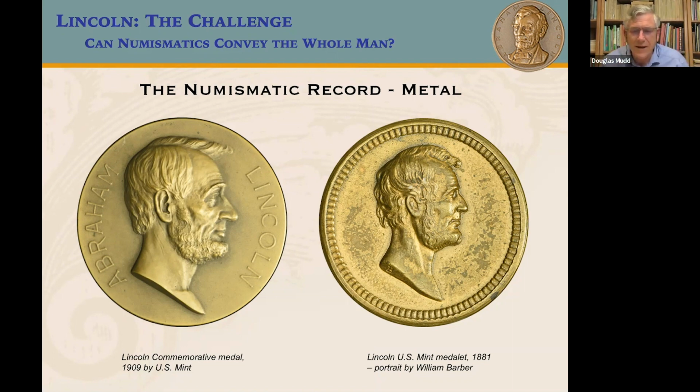Then you get the next one by William Barber from an 1881 medalette, and here it's interesting because I look at it and I see that his portrait seems subtly wrong. You can tell it's Lincoln, but it's not nearly as identifiable as other portraits.